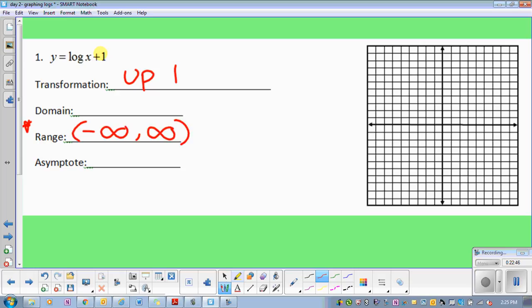Let's see, asymptote. Log is LV. So I know this is a vertical asymptote, which is x equals. Not always 0. X equals. And then we're going to look at this x. Is x inside parentheses with a number? No. So that's like saying 0.